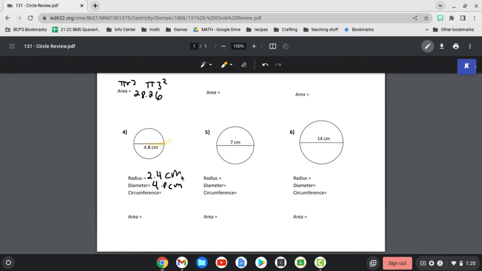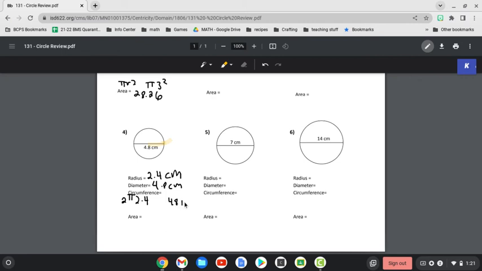And to find my circumference, I plug it into my formula, 2 times pi times r, where my radius is 2.4. Or if I want to be lazy about it and punch fewer buttons in my calculator, I could say diameter times pi. So I could say 4.8 times pi.